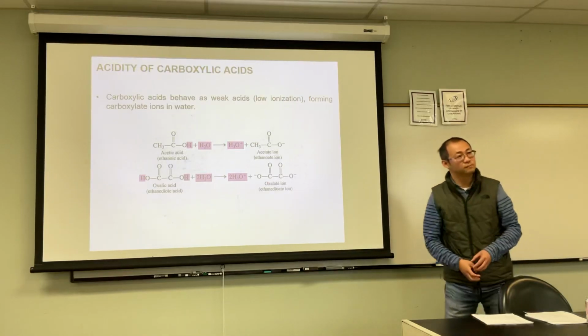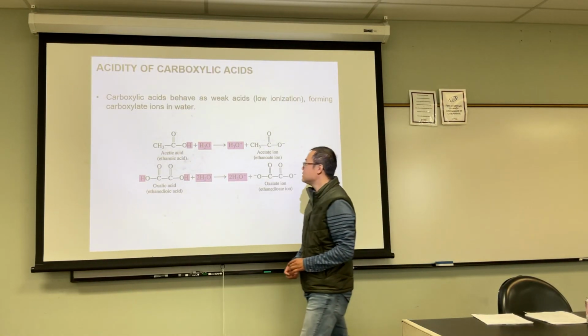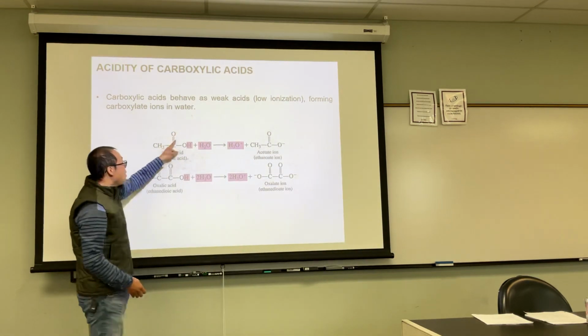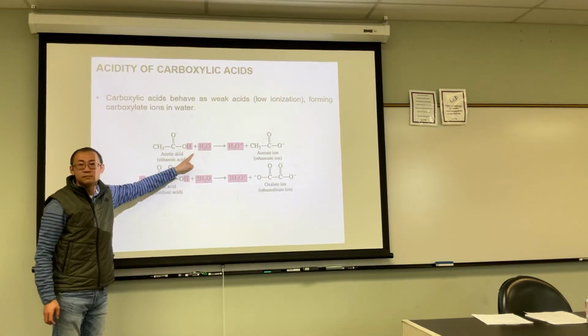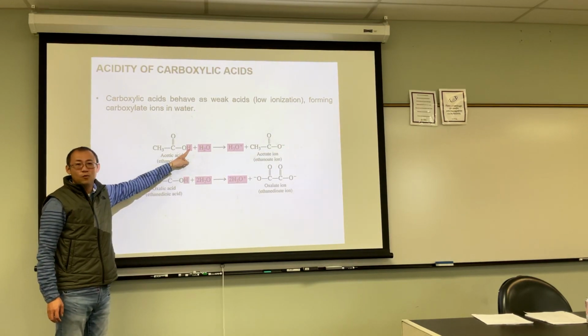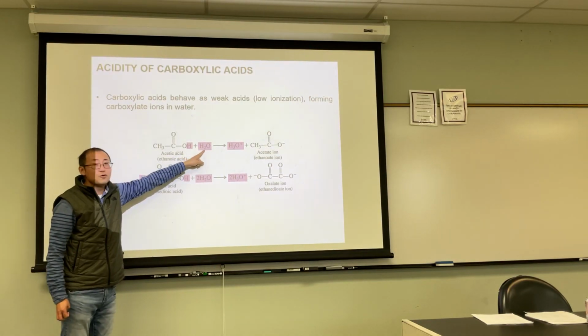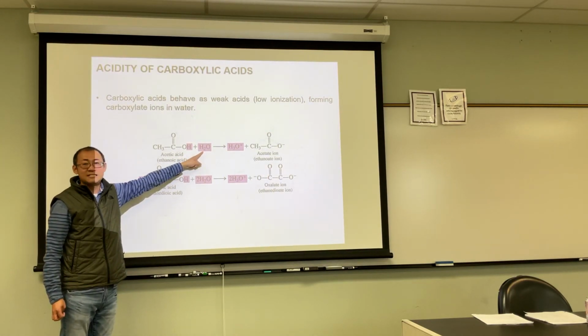Now, if you understand that, let's change back to carboxylic acid. The same thing happens. In carboxylic acid, the COOH, in particular the H, will give a hydrogen plus to water. You see that?